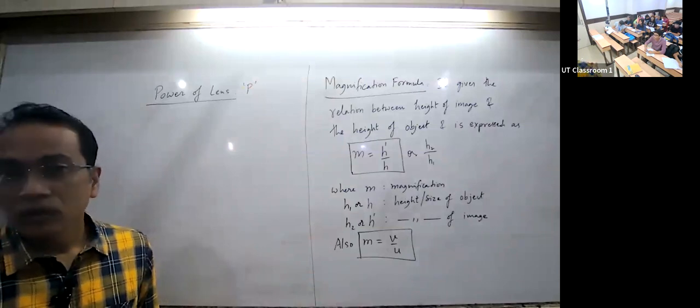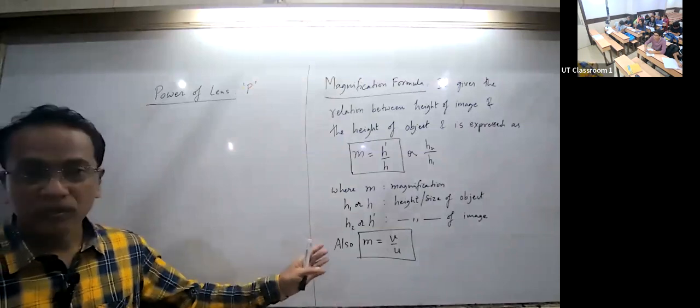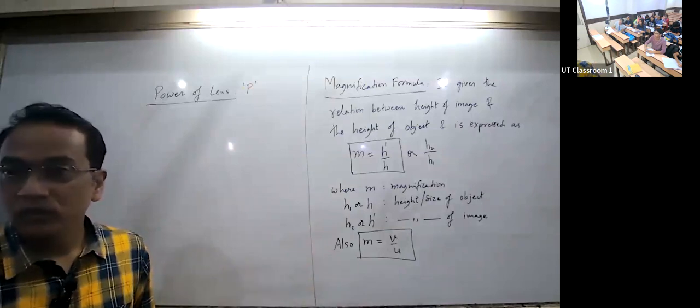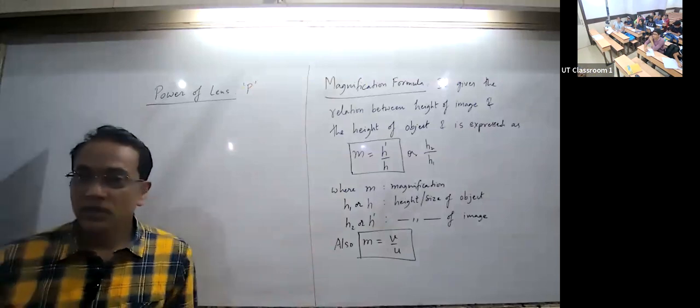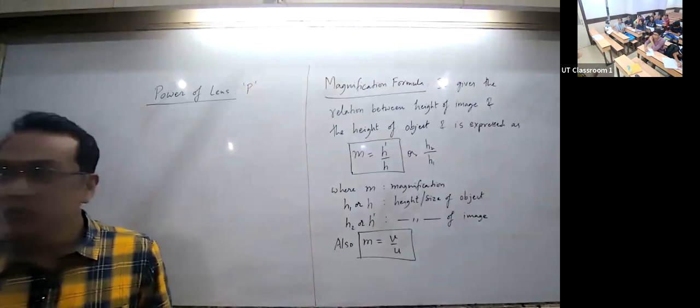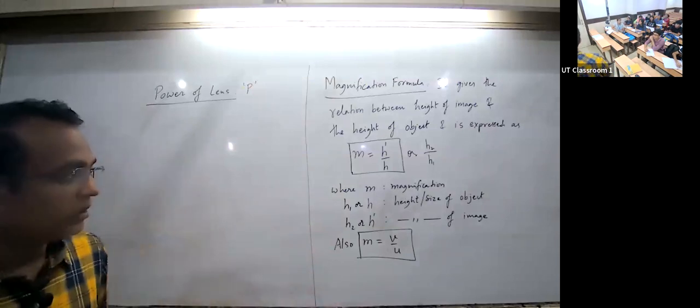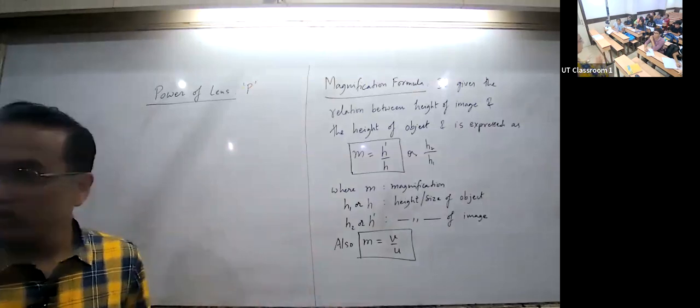That's the symbol m. Sign, positive or negative, depends on the type of image, right? So for real image, what is the sign? Negative. For virtual, it is positive. For both lenses, convex or concave.